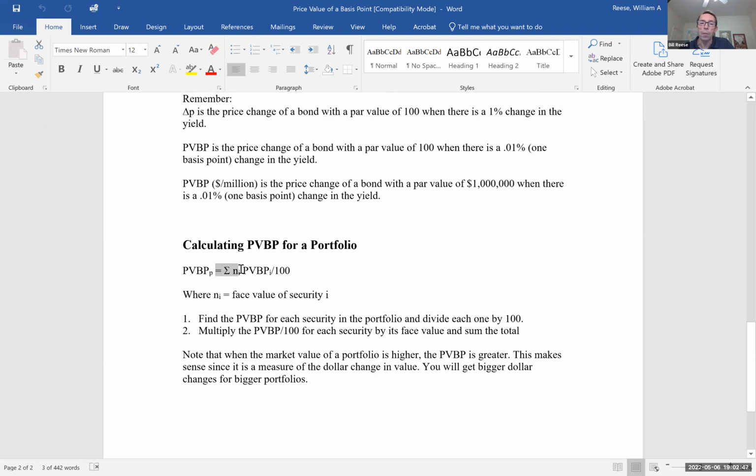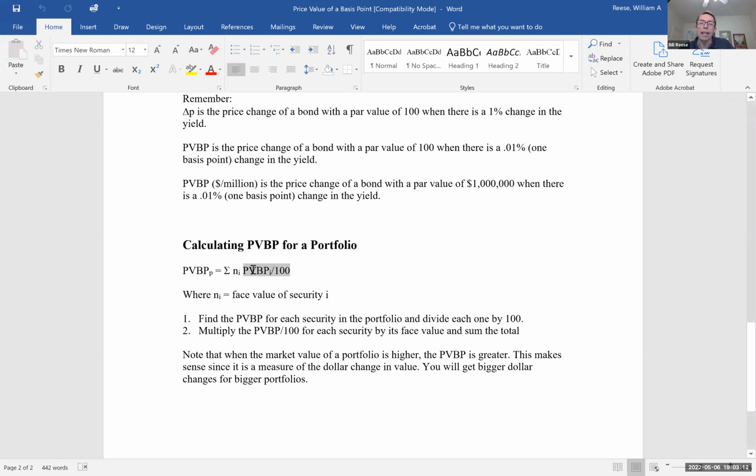So let me make sure we're clear here. That portion is going to tell us for a bond, how much is its price going to change, approximately. Pretty good approximation for small changes, but how much is its price going to change when there is a 1 basis point change in interest rates?